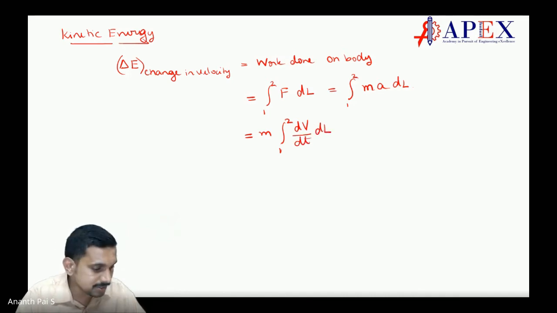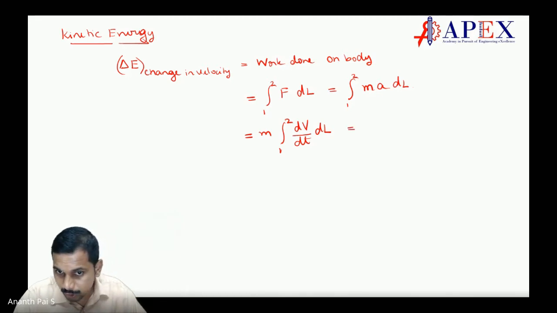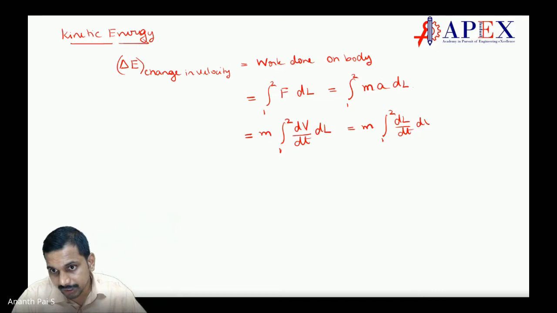Make sense? Now this can also be written as m into the integration from 1 to 2 of dl by dt into dv, and this can be written as m integration of 1 to 2 v dv.